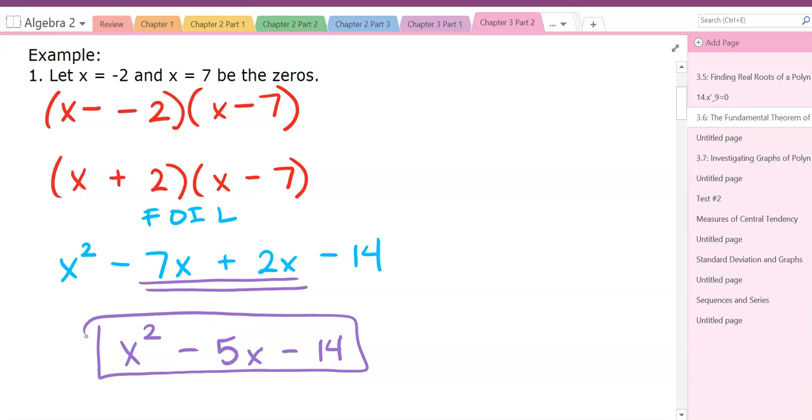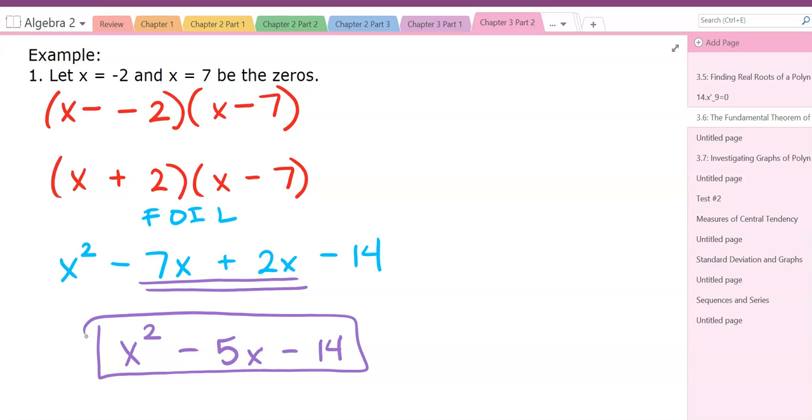Okay, and if we kind of think about this, if I wanted to factor this problem, I would need two numbers that multiplied to a -14 and added to a -5. So if I was going backwards, those two numbers would be a -7 and a +2. So it'd be x minus 7, x plus 2. But when I set them equal to 0, that's when they switch signs. So that's how I got +7 and -2 for my solutions up there. So this is just a quadratic.